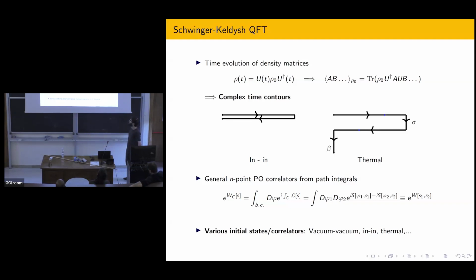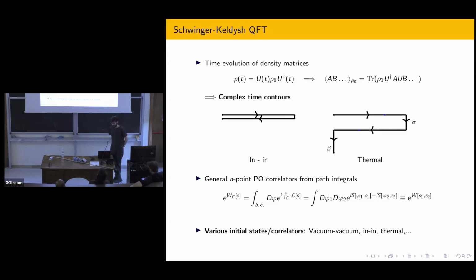If we consider general initial density matrices, we have these complex time contours, but the most interesting is to consider thermal density matrices, in which case we can represent e to the minus beta H with some imaginary time evolution, as shown in the right side of this picture.